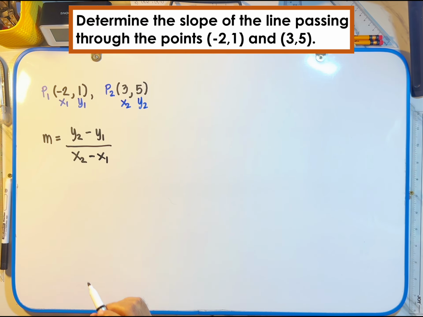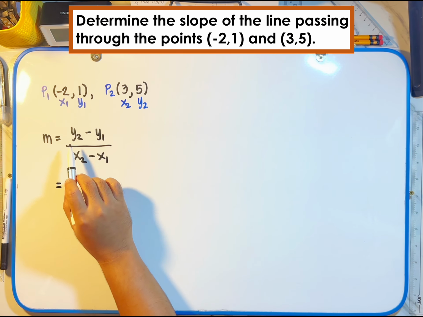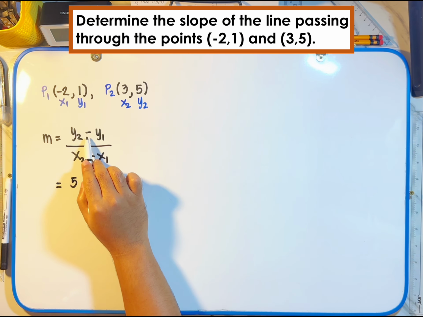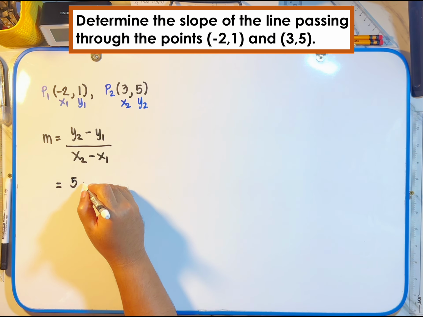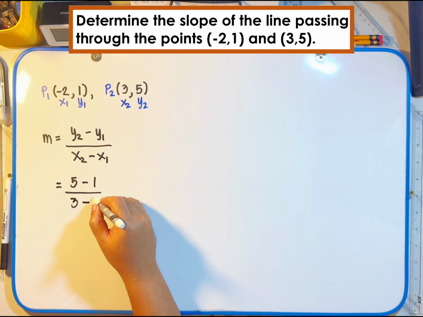And all we have to do is substitute these values. So the slope m is equal to y2, which is 5, minus y1, which is 1, divided by x2, which is 3, minus x1, negative 2.